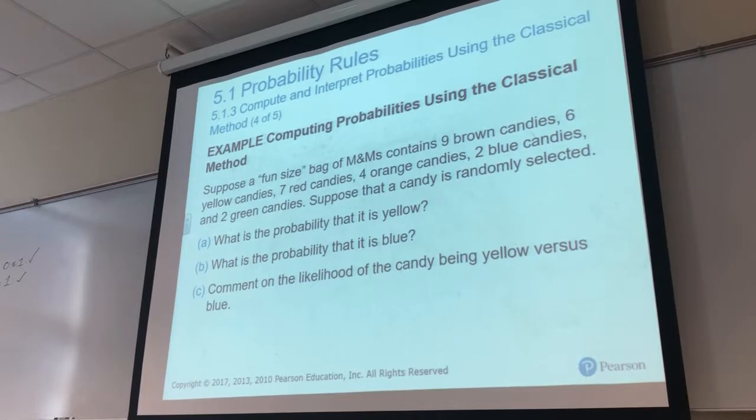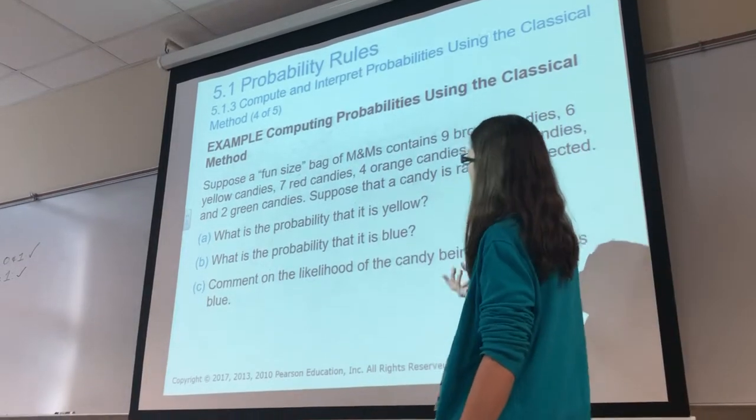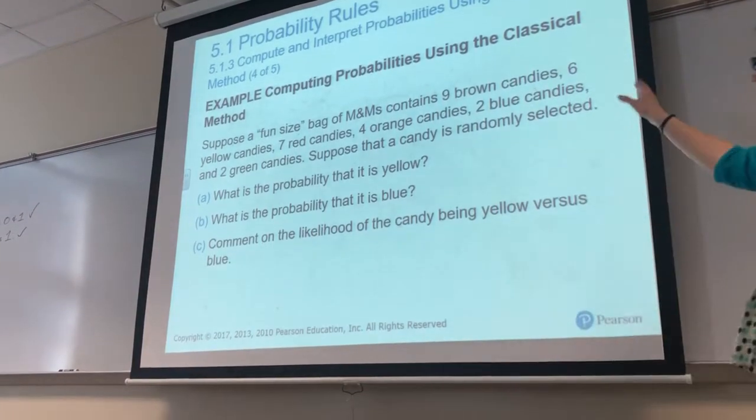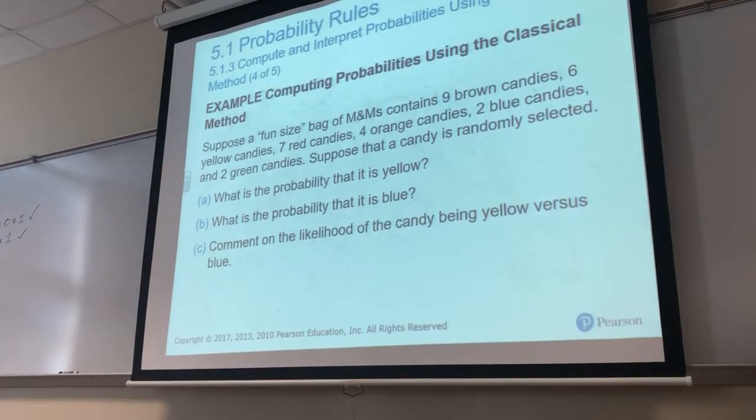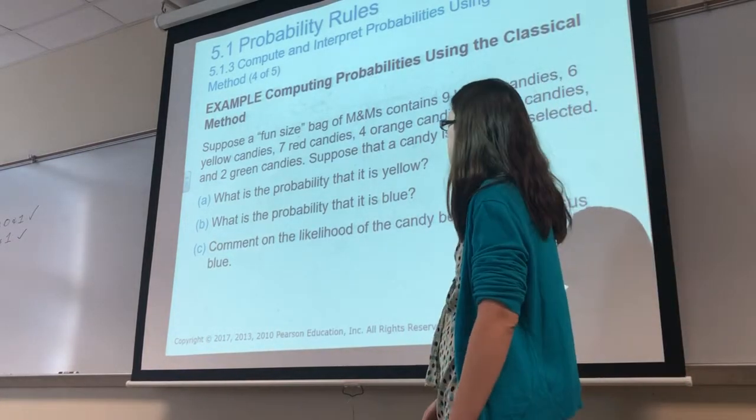Okay. So with this one, you've got a bag of M&Ms. They tell you how many of each color they have in each one, and then you're going to pull one candy out randomly. In this case, our sample space is going to be all of the different candies.